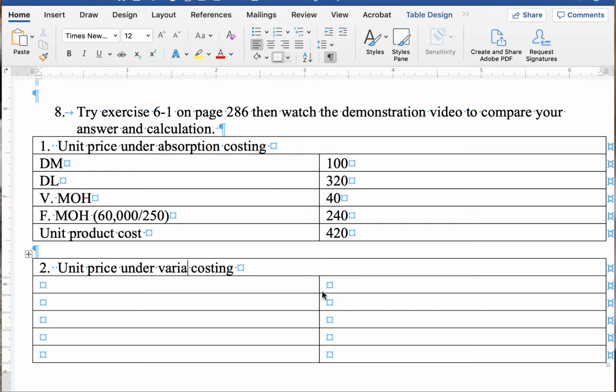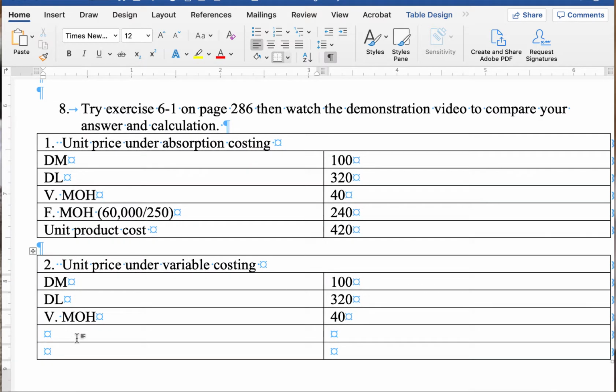We have variable costing. What costs do we include as part of our unit product cost under variable? We're going to include the direct material, always, which is $100. We're going to include the direct labor, which they tell us is $320, and the variable MOH, which is $40.